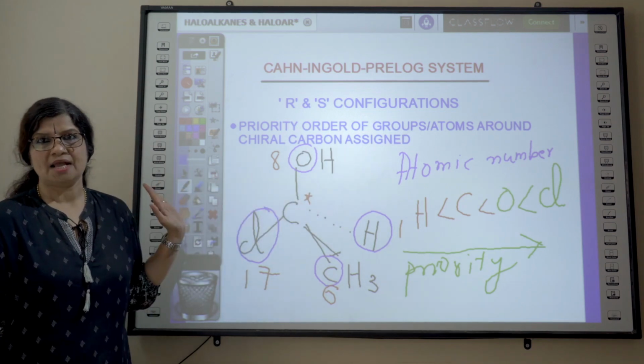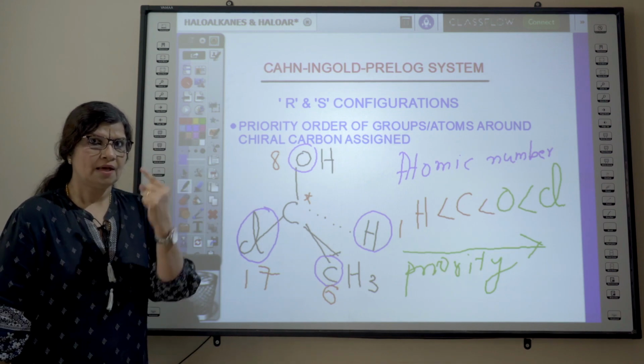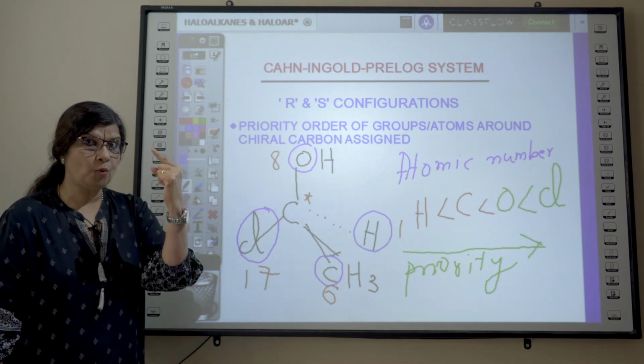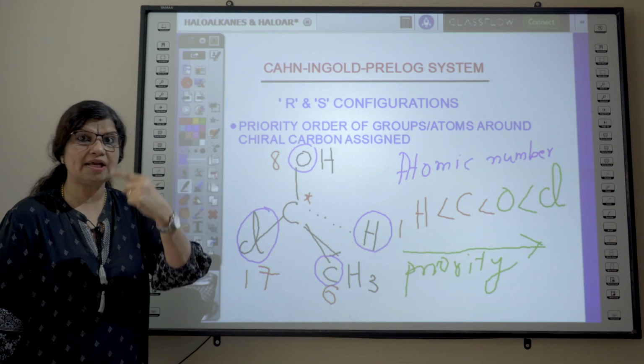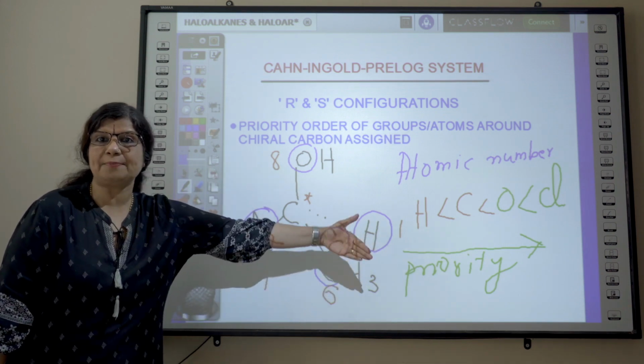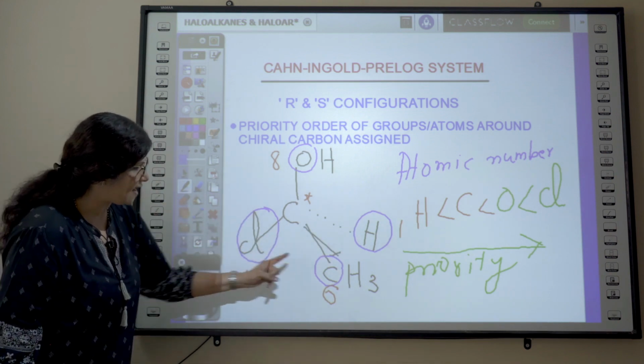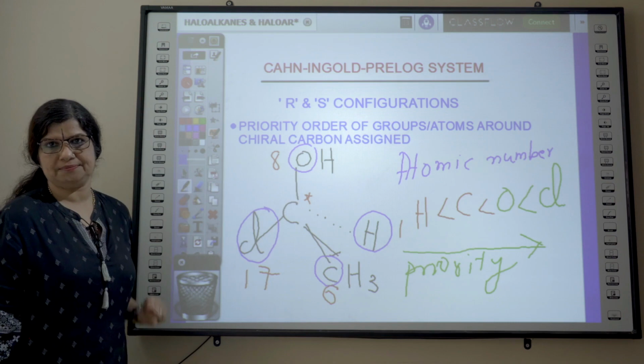Ignore that. Now, you must move your eye from the group of highest priority to the least priority, excluding the one which is already kept away on the dotted line. So focus on only chlorine, carbon and oxygen.